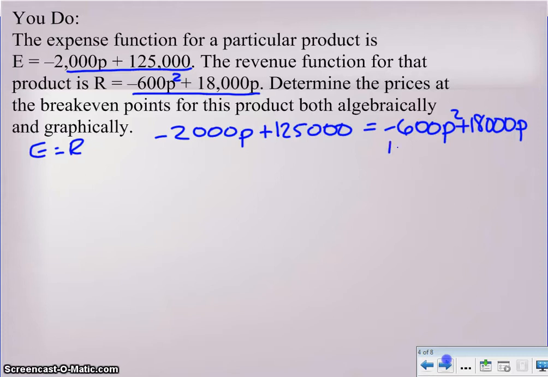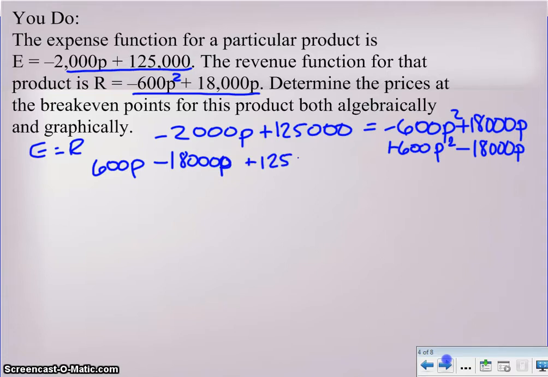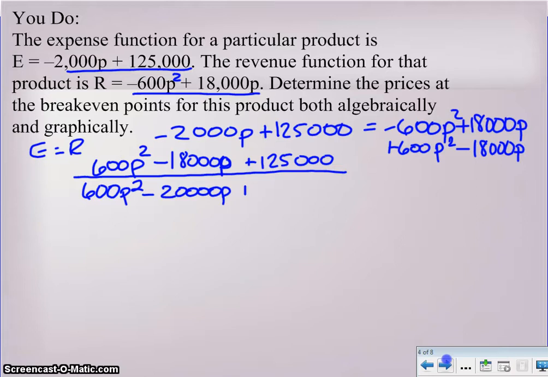So now I'm going to add the 600p squared over and subtract the 18,000p. I'm going to do the 600p squared over here, and then it's going to be minus 18,000p plus 125,000. We end up with 600p squared minus 20,000p plus 125,000.